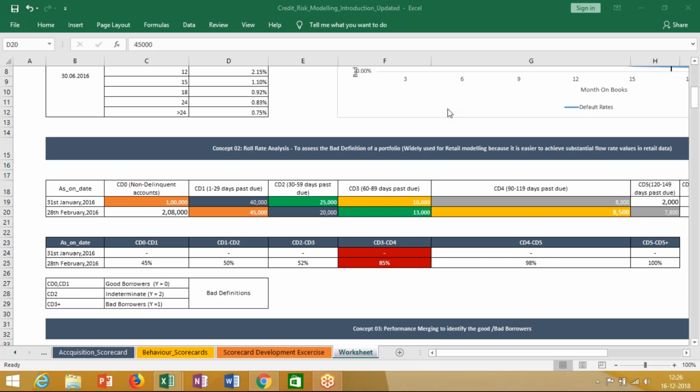That's one. Second, on what basis are we defining the good, bad, and the indeterminate? And the difference between delinquency and default. Are these three concepts clear to us? Then we can move on to the next part. And when we develop things hands-on, we'll come back to these calculations in detail.